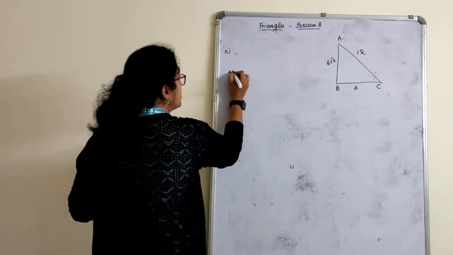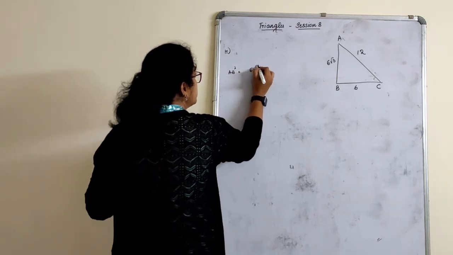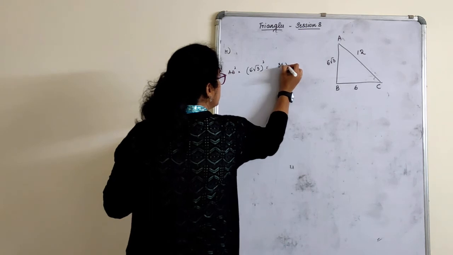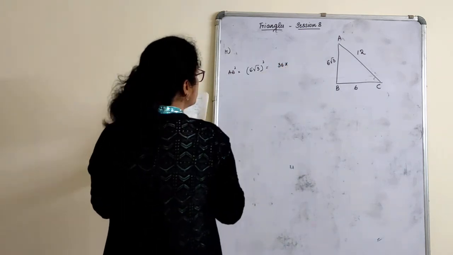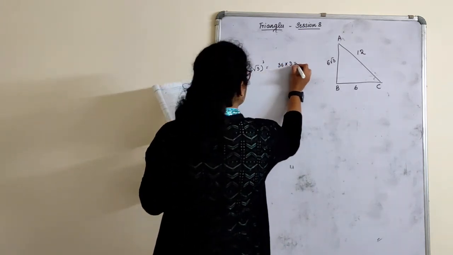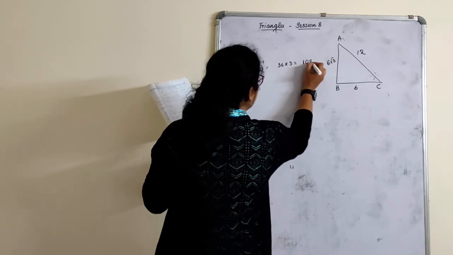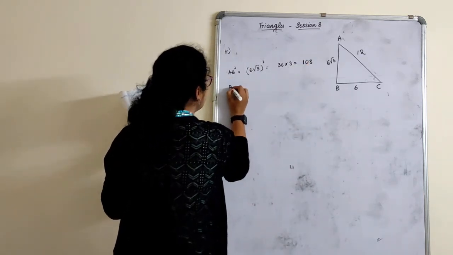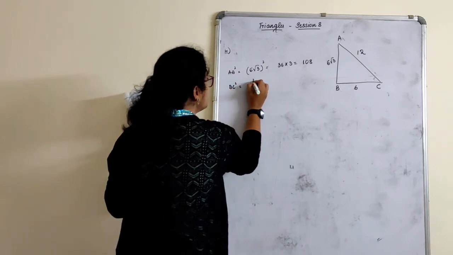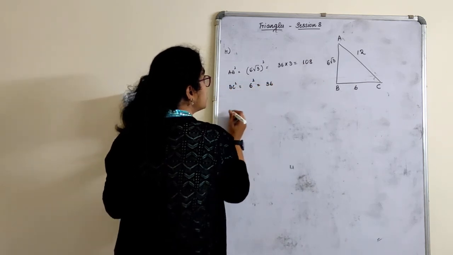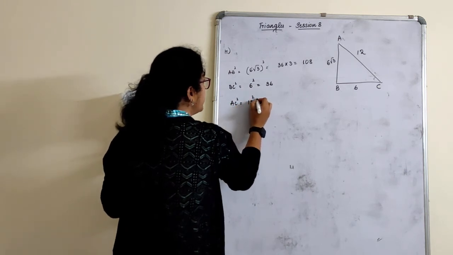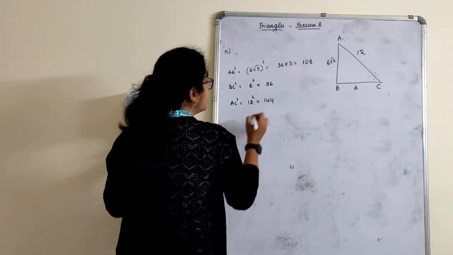First we'll find what is AB square. 6 root 3 whole square is equal to 36 into 3, it is 108. Correct? Yes. Next, BC square is equal to 6 square, that is 36. AC square is equal to 12 square, that is equal to 144.